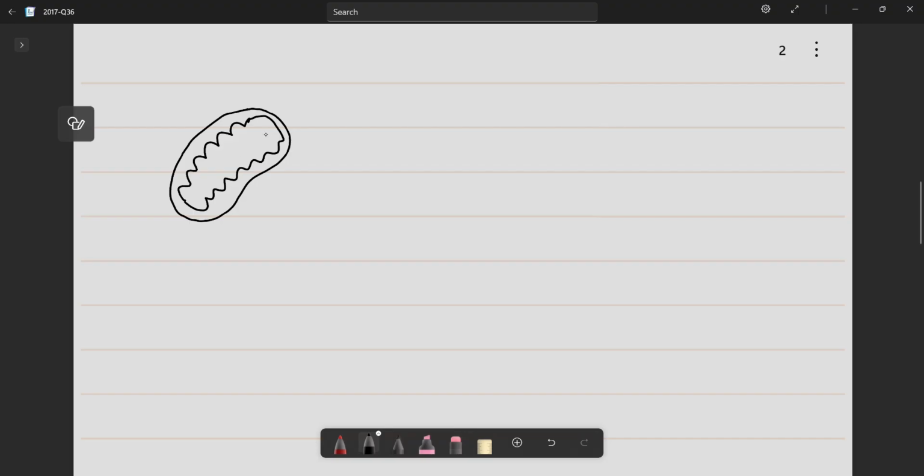Okay, so this part over here is known as the matrix. This outside part is known as the outer membrane, and this part that covers the matrix is the inner membrane.